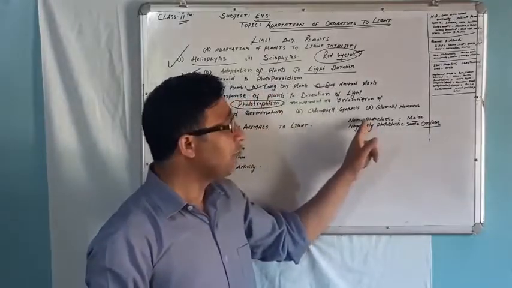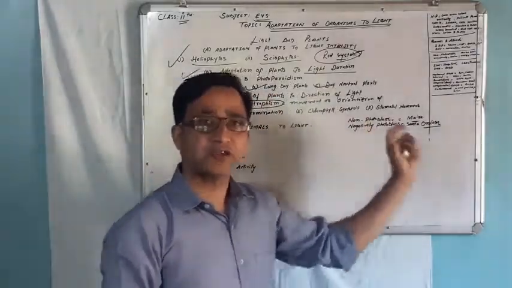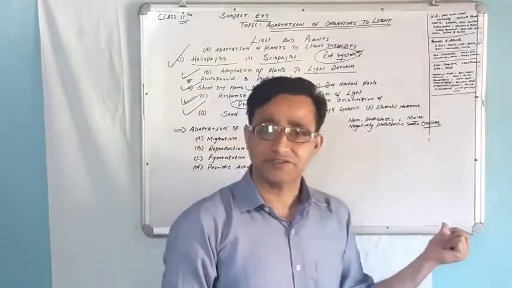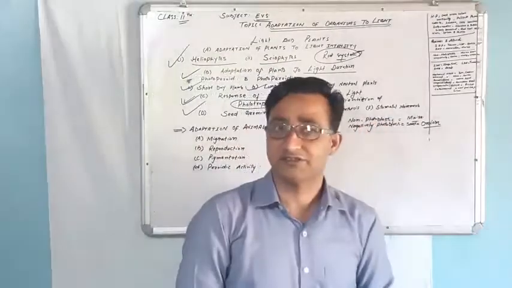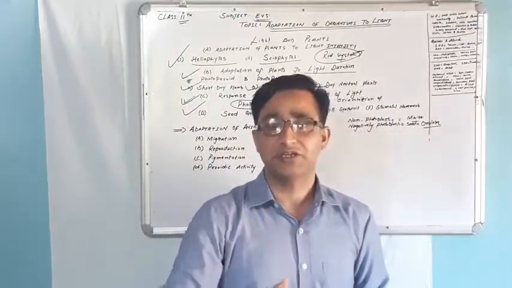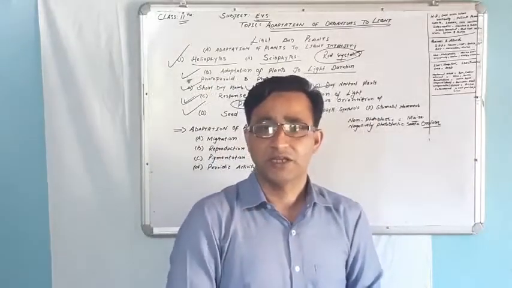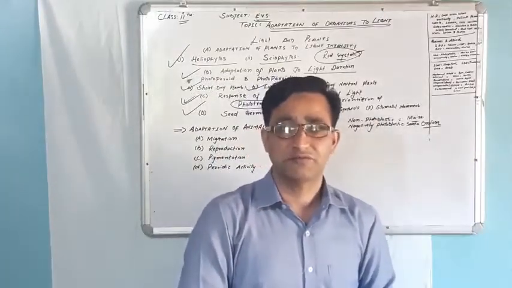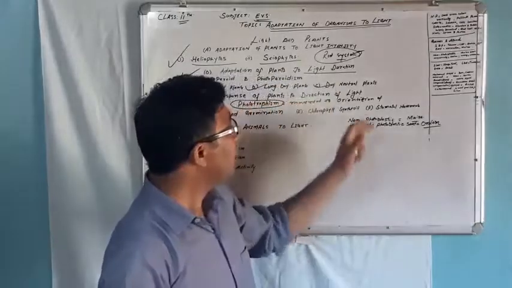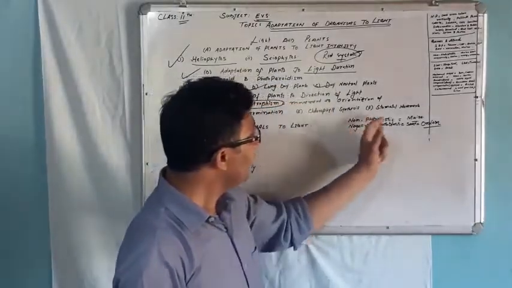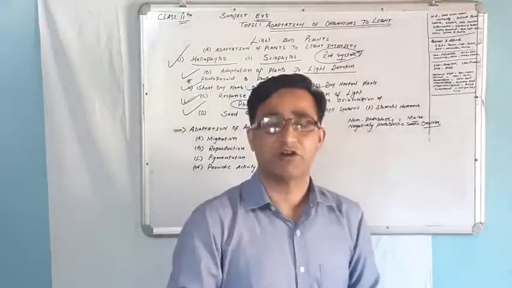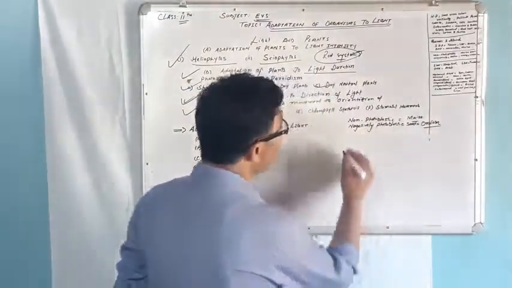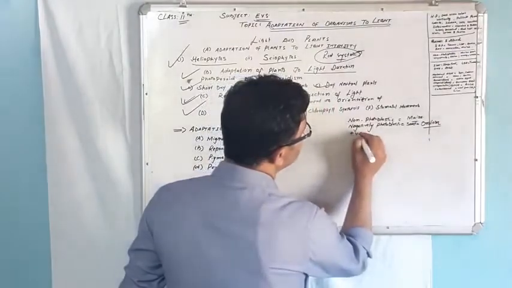Whether light is present or not, non-photoblastic seeds, in case of the maize, can germinate in absence or in presence of light. It doesn't matter. Negatively photoblastic seeds only germinate in absence of light, and there are positively photoblastic seeds.